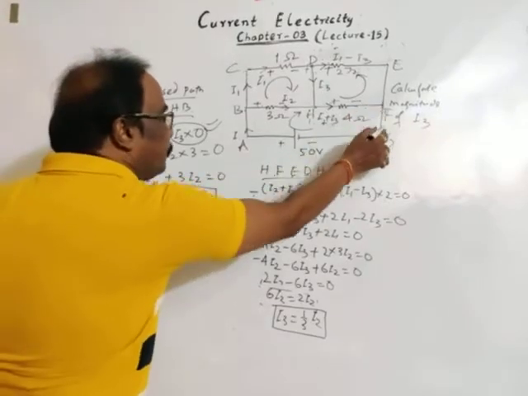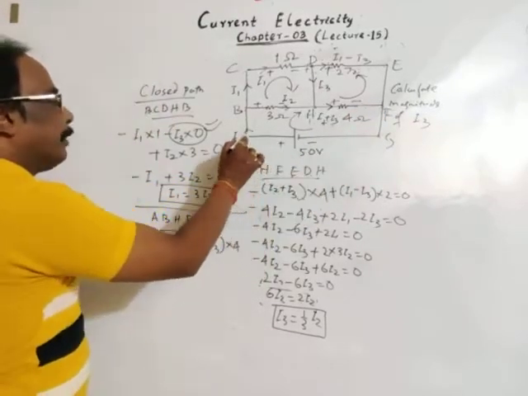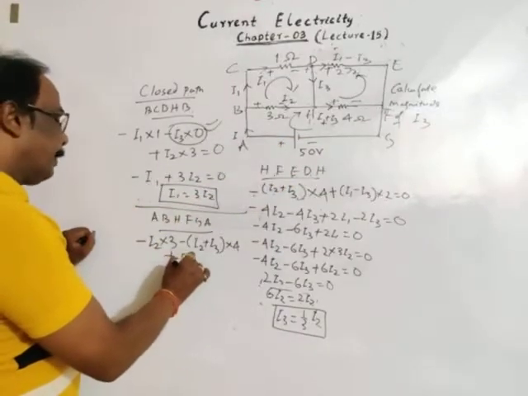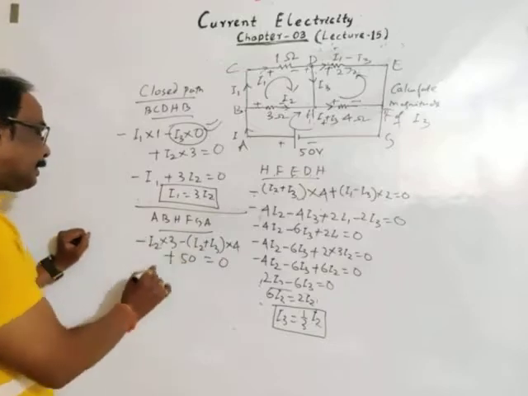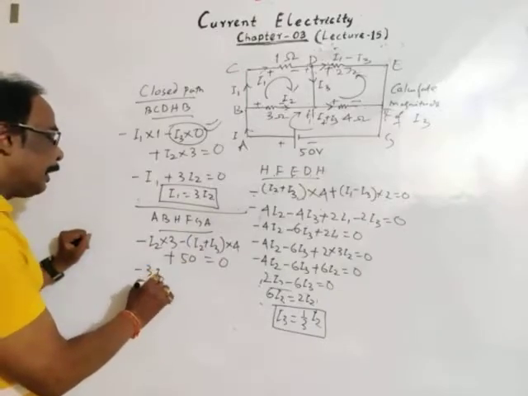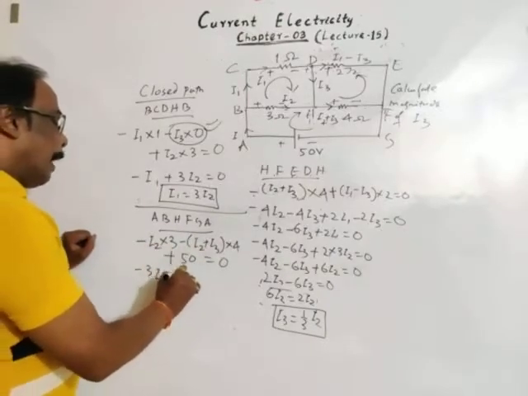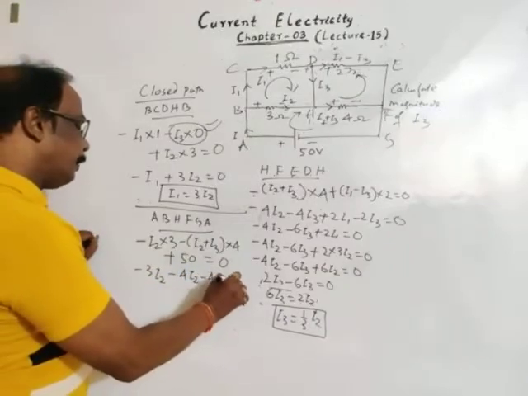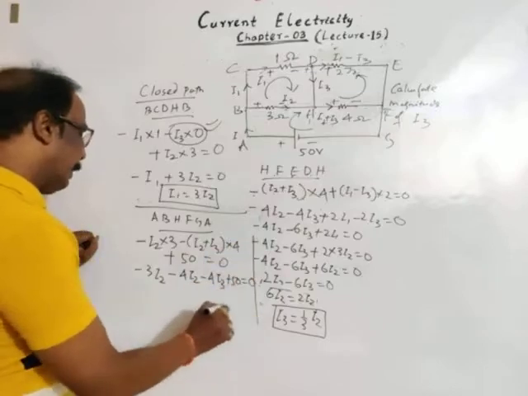Then F to G is 0. Then from G to A, from low potential to high potential, plus 50 volt is equal to 0. Then let's solve it: minus 3I2 minus 4I2 minus 4I3 plus 50 is equal to 0. Okay.